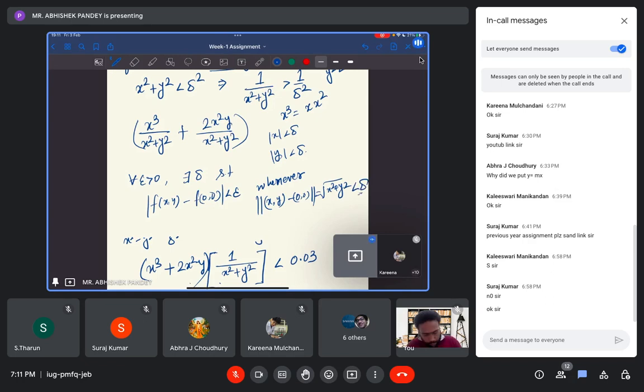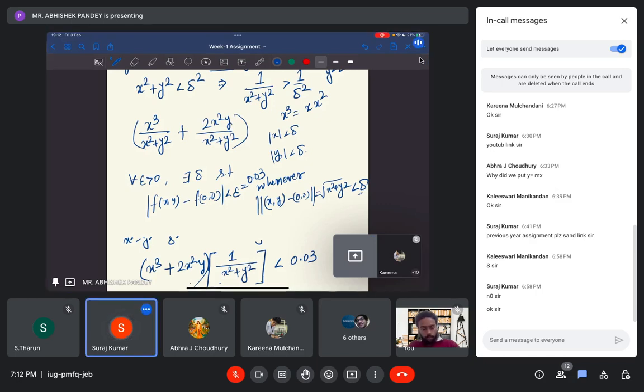So here epsilon is given as 0.03. We need to find the delta. What should be the range of this delta? That we need to find. Okay, I will check this question again because I think in my solution some calculation mistake is there.